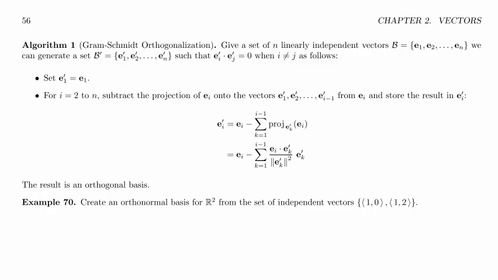In this video, I'm going to talk you through the Gram Schmidt orthogonalization process. And the idea here is that we're going to create a basis consisting of vectors which are orthogonal to each other by eliminating redundancy.